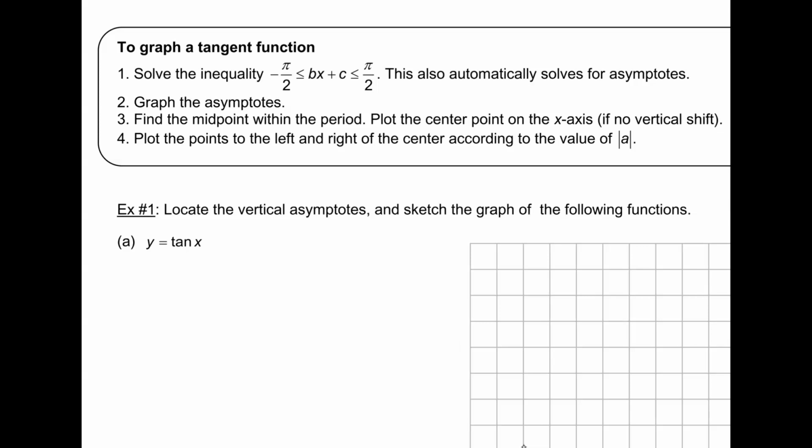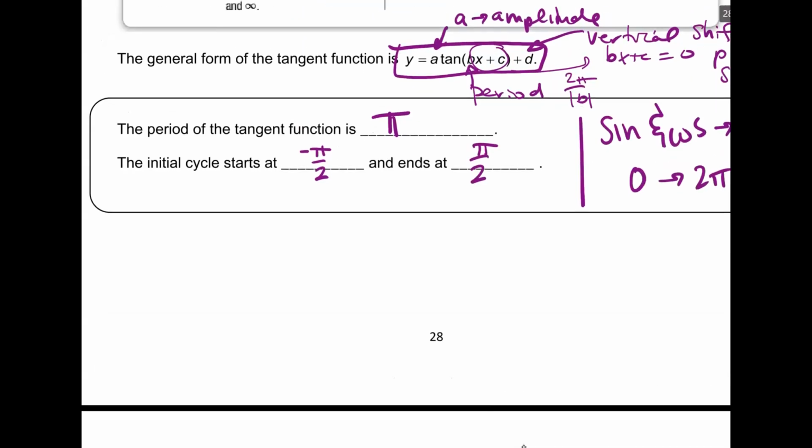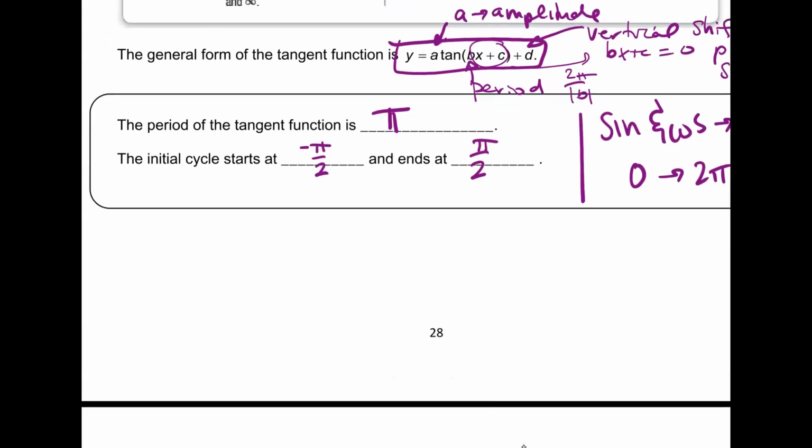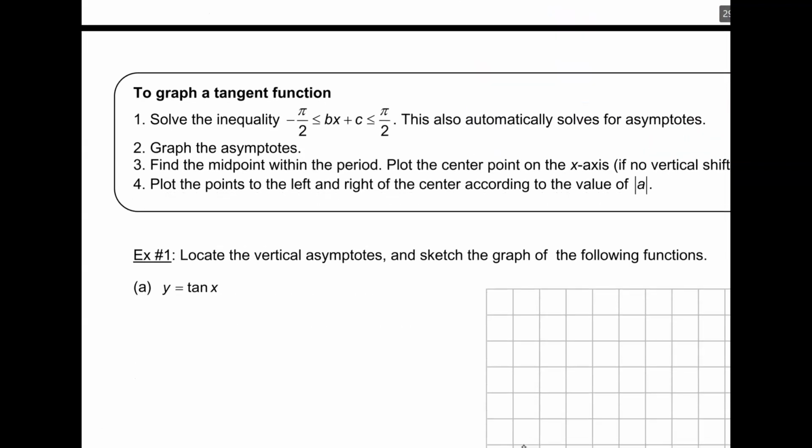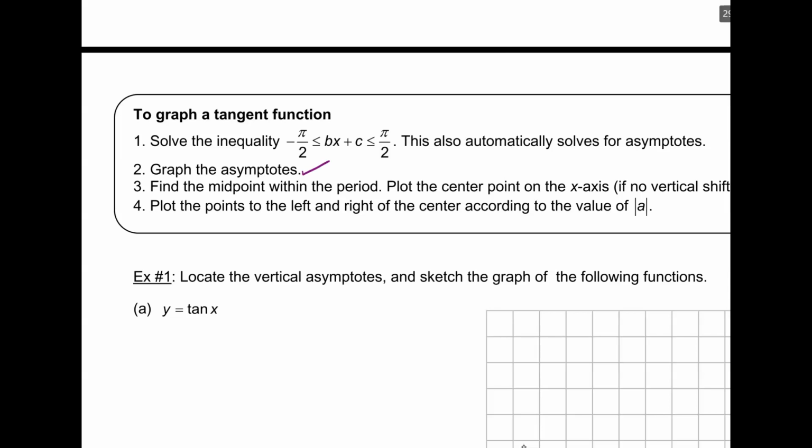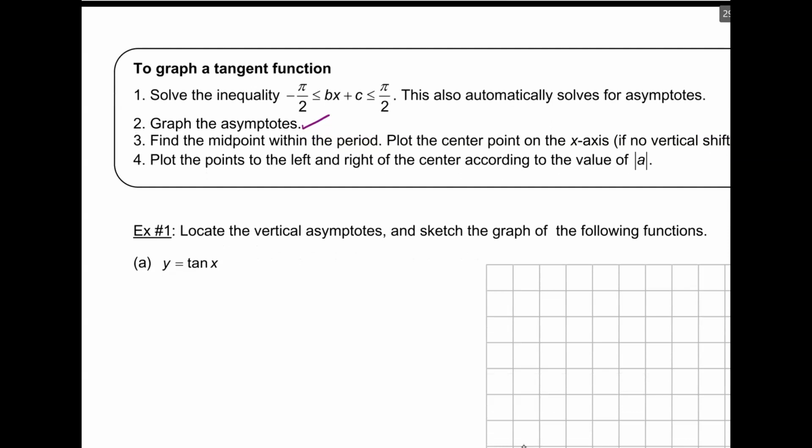Here, we're going from negative pi over 2 to pi over 2. So the outer boundaries for my inequality are negative pi over 2 and pi over 2. Graph the asymptotes, find the midpoint within the period, plot the center point on the x-axis if there's no vertical shift, and then plot the points to the left or right of the center according to the absolute value of a.